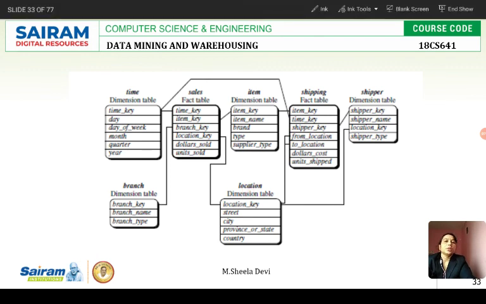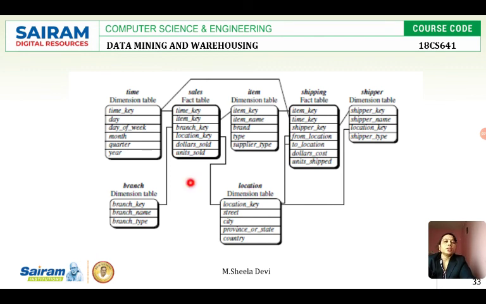See here, the fact tables sales and shipping are sharing the dimension table called item. Why? Because the item key is one of the dimensions in the shipping fact table, as well as one of the dimensions in the sales fact table. So the dimension table is shared by the fact tables sales and shipping.